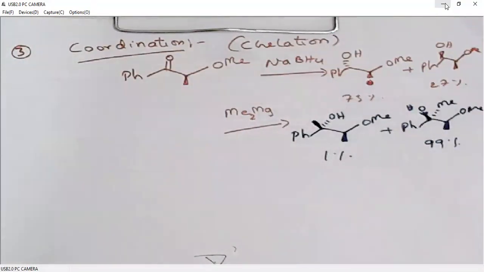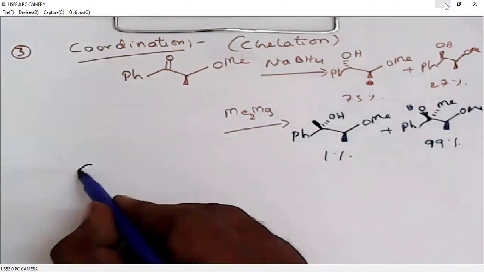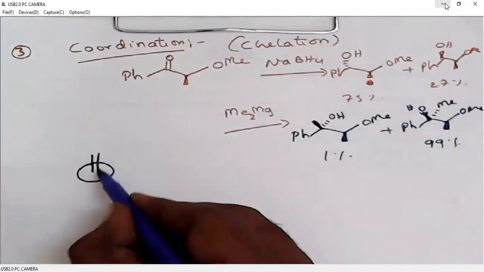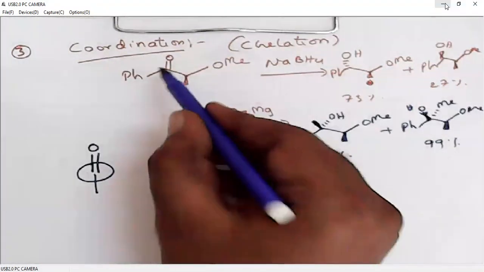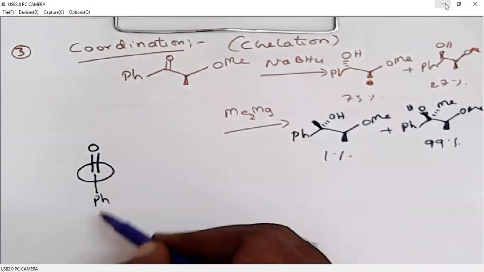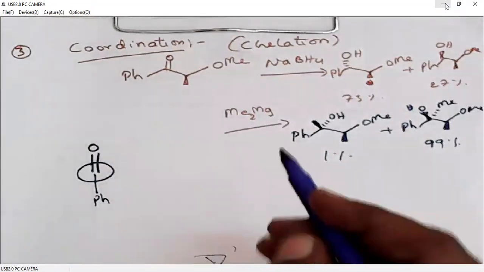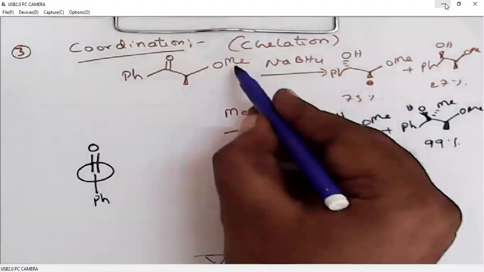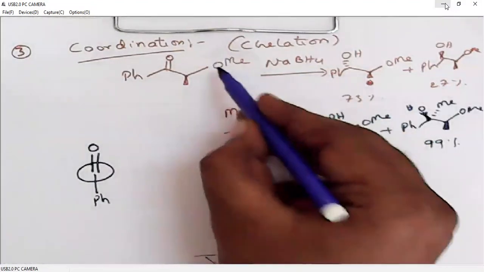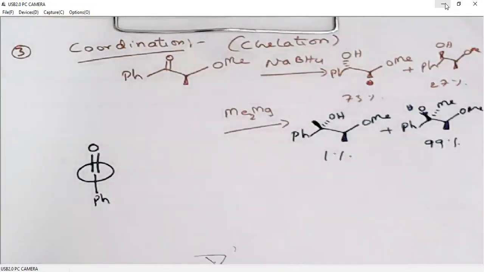I will again give the Felkin-Anh model. I'll take the Newman projection and I will explain the stereoselectivity here. So this is the carbonyl. We have a phenyl group here. And in the sodium borohydride case, we place this more electronegative atom perpendicular to the carbonyl, right?